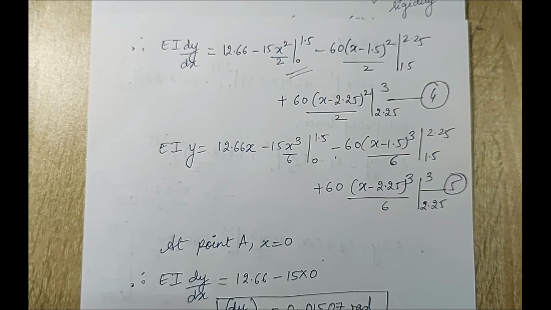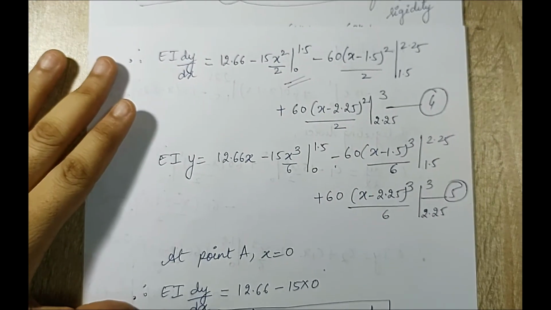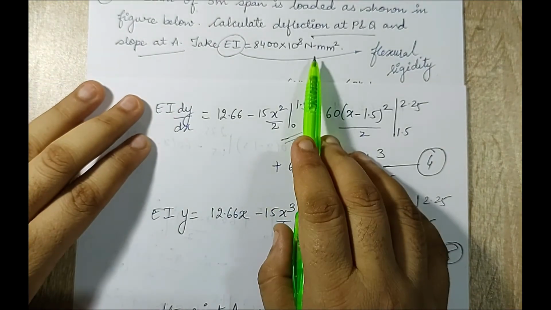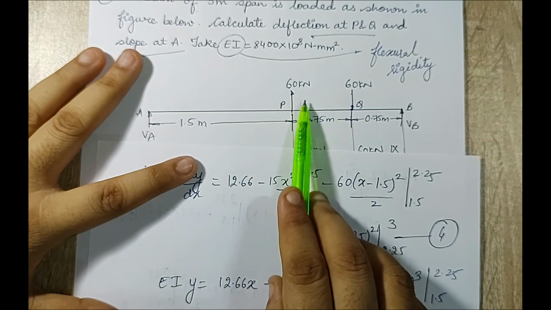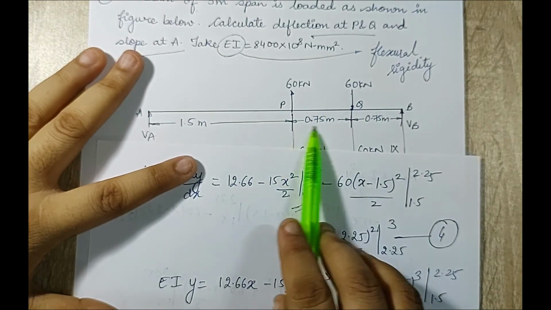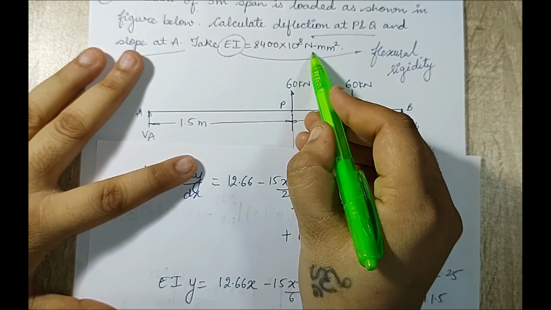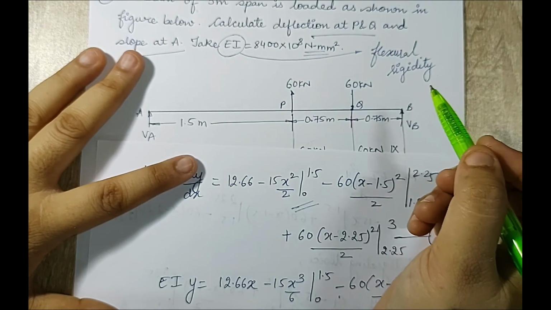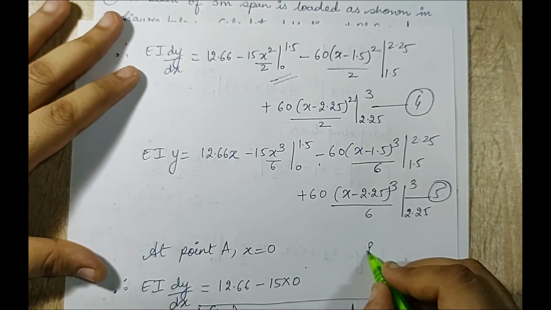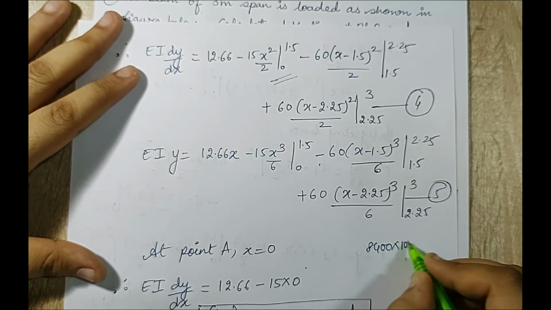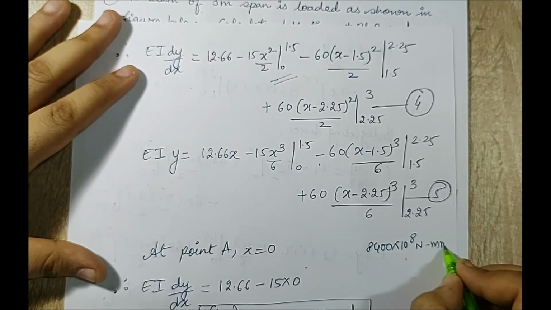Now here you need to just note that this value of EI in the question is given in terms of Newton mm square, and all the value of load is in kilonewton and the distance is in meter. So convert this into kilonewton meter square. Now when I have to convert, I'll just show you here. It is 8400 into 10 raised to 8 Newton mm square.